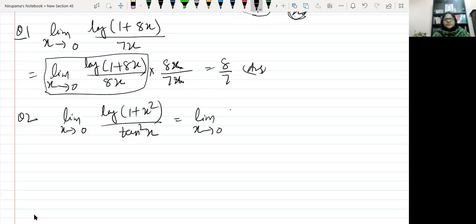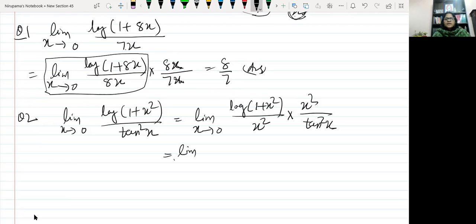When x approaches 0, x square also approaches 0. For log 1 plus x square, we need x square in the denominator, so it is x square by tan square x. So we get limit x approaches 0, log 1 plus x square by x square.